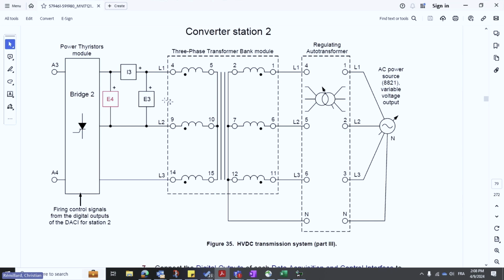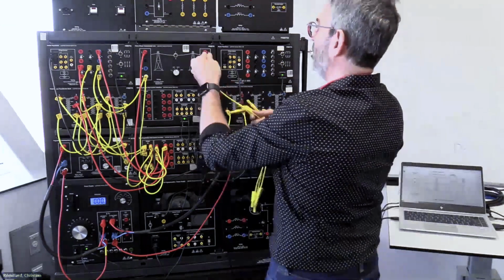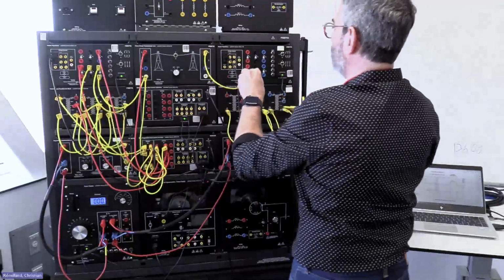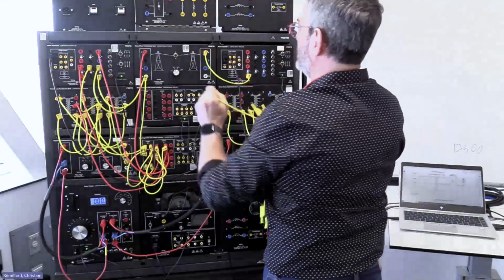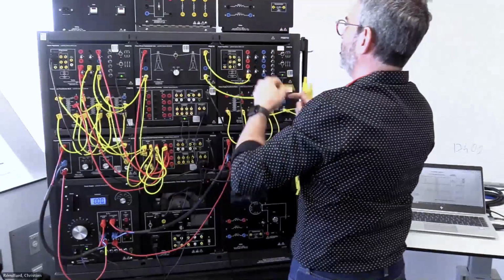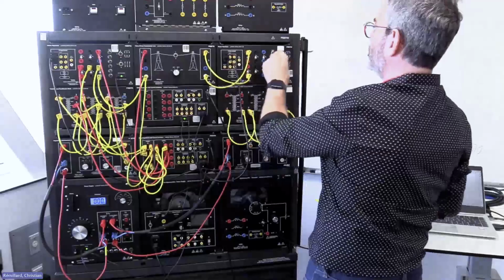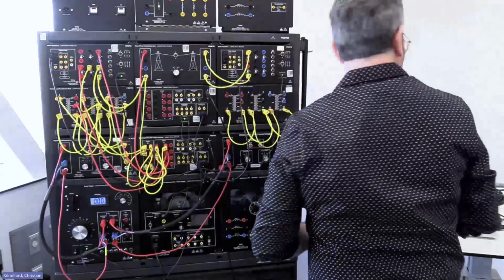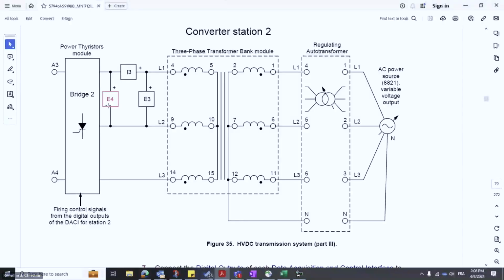A3 will go to the anode. A3 here goes to the anode. This goes up here, the cathode, and again, our two switches are on here. And we have the output of phase one going to the negative of I3, which will then go to 4 of our three-phase transformer module.